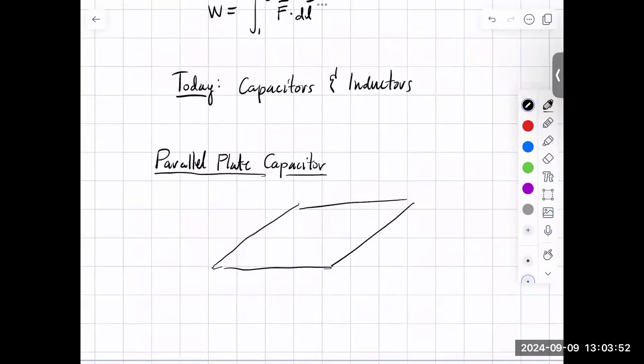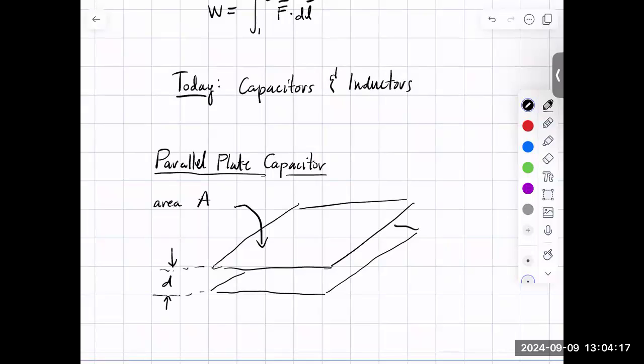It could be a circle or any other geometry that you like. Then I'm going to make a second plate and place it in parallel with the first one. We'll call the distance between these plates d, and we'll say that each plate has an area A.